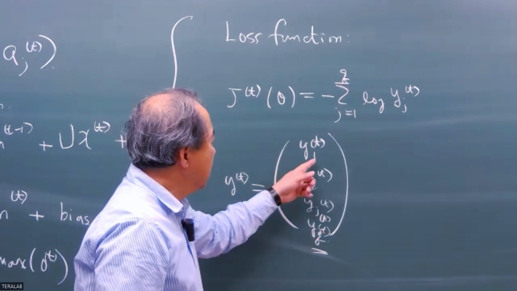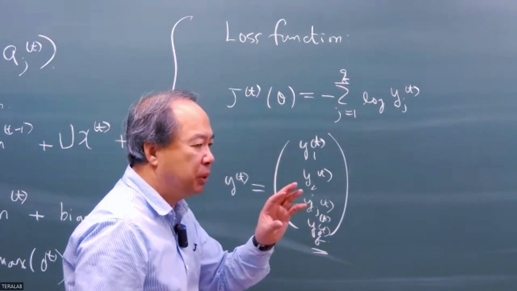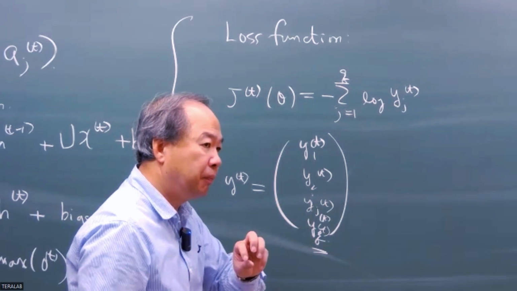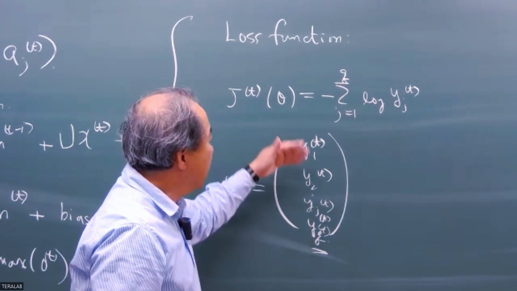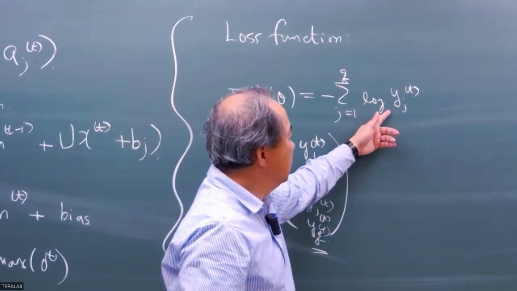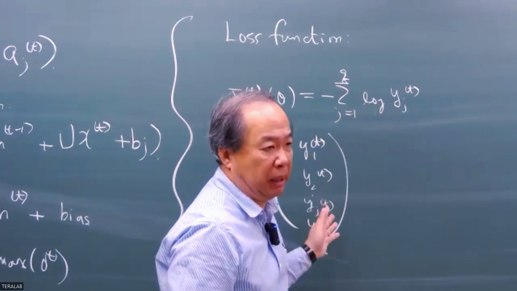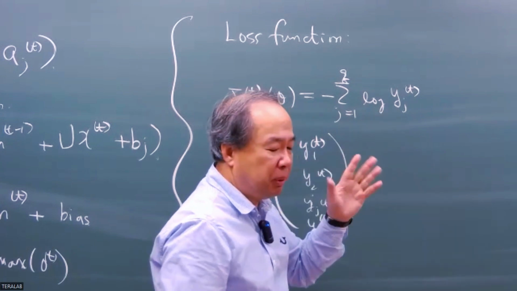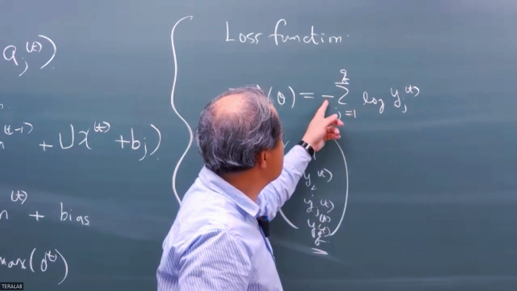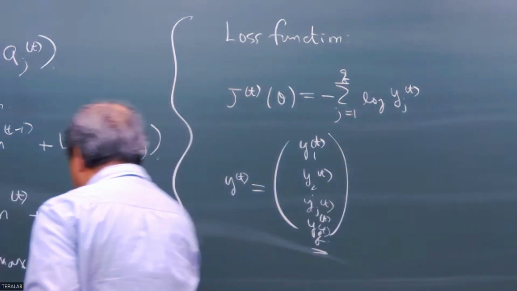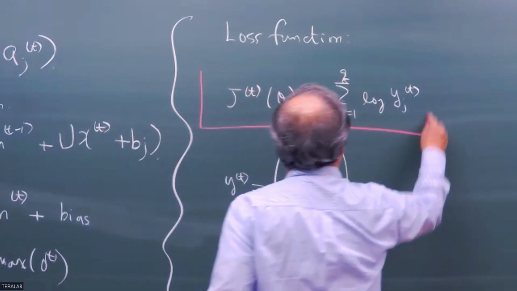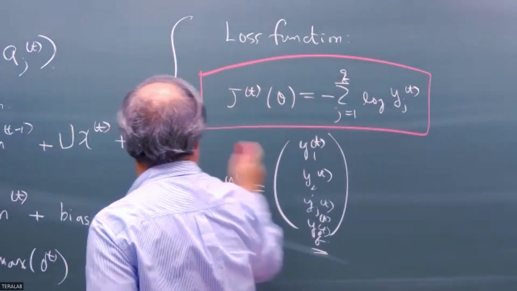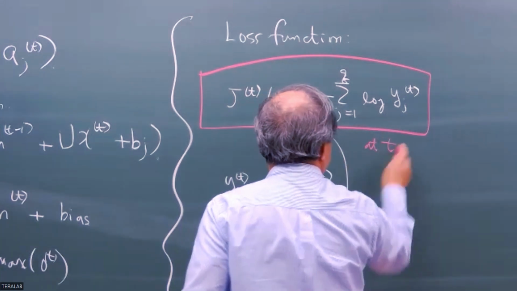And yj is a value between 0 and 1. So by applying the log, it becomes an entropy distribution. Since y is between 0 and 1, we usually have a minus sign. So this actually becomes the loss function at time step t.